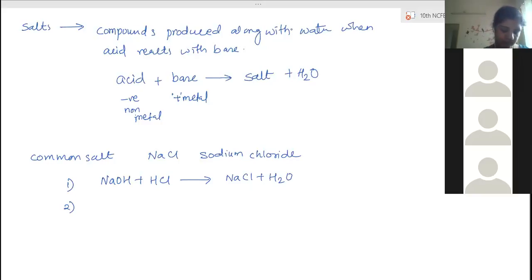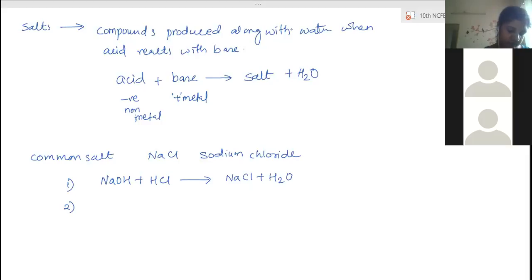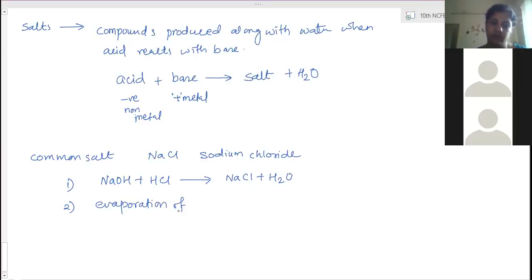Santosh? Yes, ma'am. By evaporation of seawater and underground deposits of salt, rock salt. Yes, rock salt. Evaporation of seawater and underground deposition.